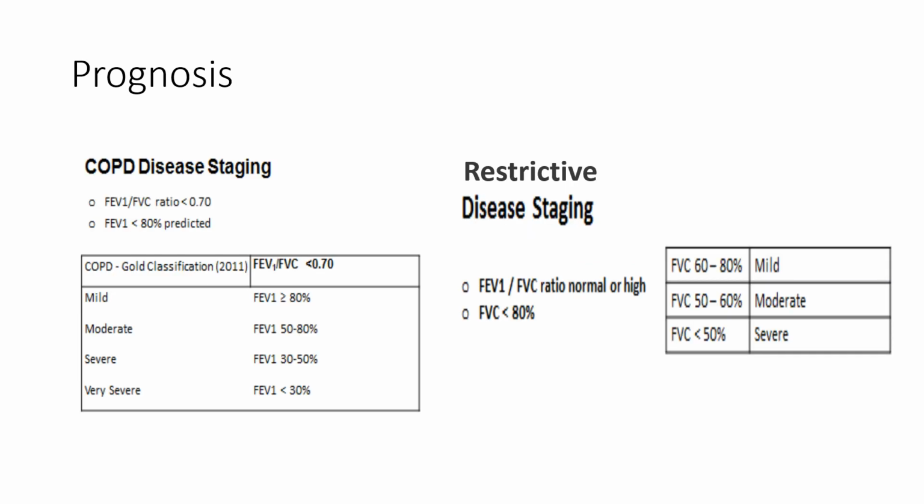Now, when we're looking at these diseases, in terms of prognosis and staging severity, so COPD, anytime we look at a pulmonary function test, we want to look at the FEV1 FVC ratio. That gives an indication right off the bat, are we looking at an obstructive defect or a restrictive defect? And remembering again, patients coming to your clinic to get a spirometry test or pulmonary function test done are going to have dyspnea.